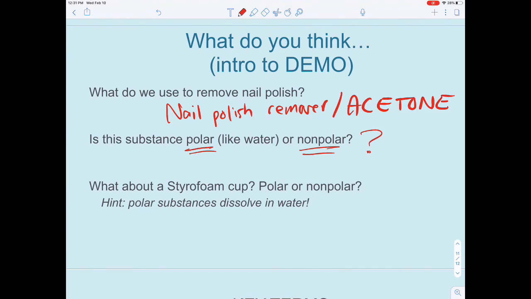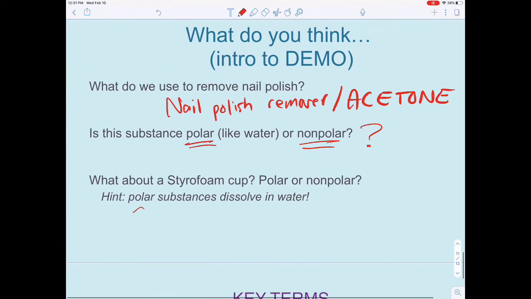What about a styrofoam cup? Is that going to be polar or nonpolar? Here's a little hint for you here. Remember, polar substances do dissolve in water. So does a styrofoam cup dissolve in water? All right, so check out the demonstration as I combine these two things.